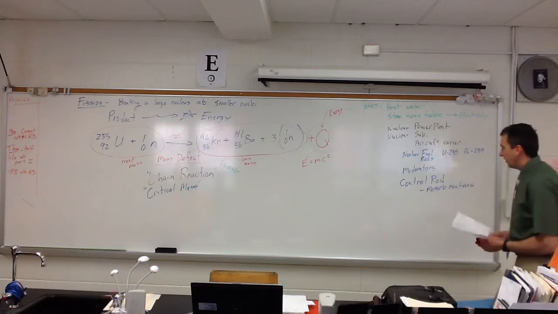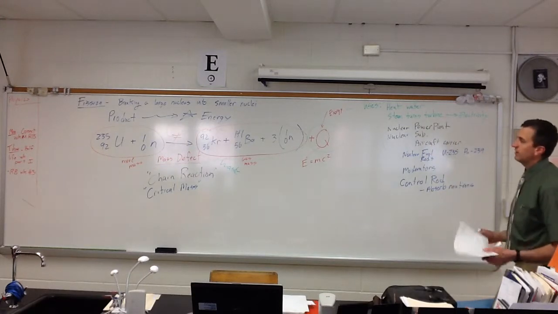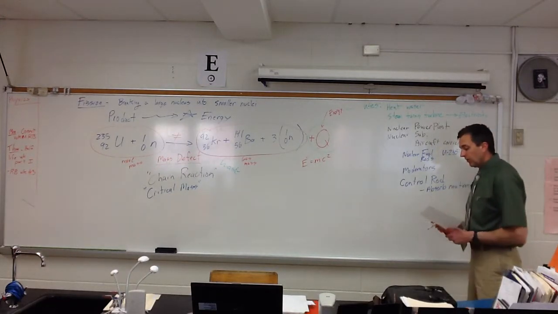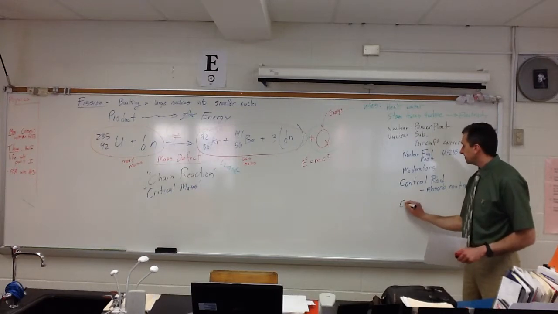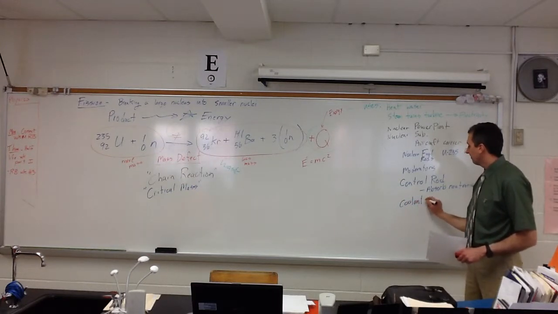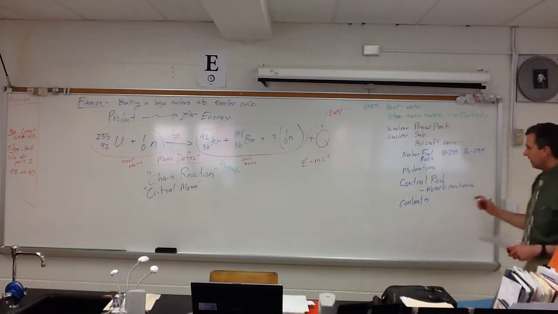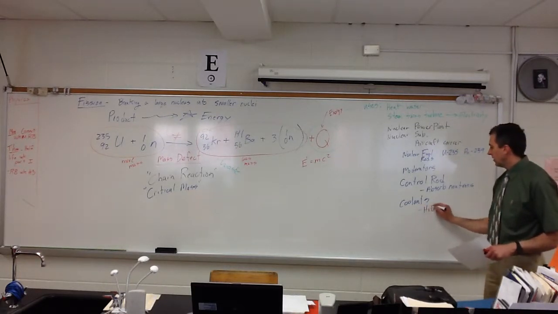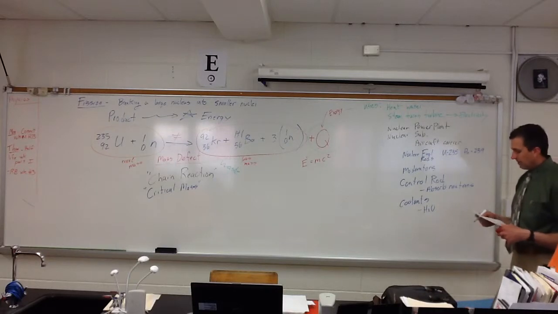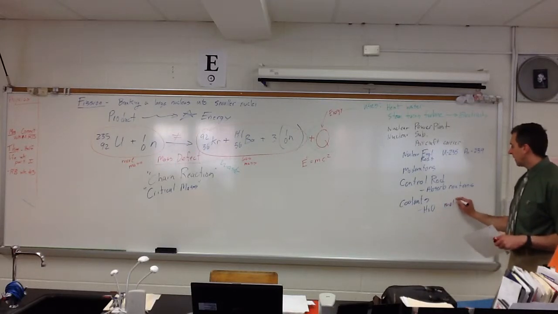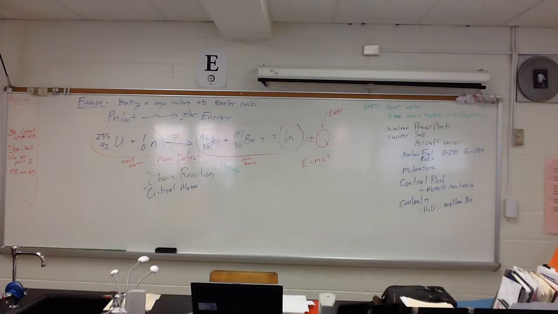Now, back to what you find with a nuclear reaction, you'll also find coolants. And coolants are, again, things like H2O, water, but they also use molten Na, sodium, because it tends to be able to absorb the heat well.